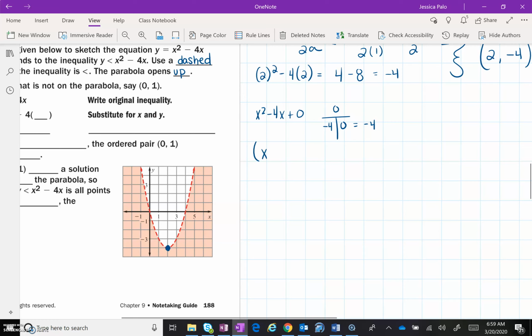So we're going to do x minus 4, x plus 0. So what are my roots? X minus 4 equals 0, x plus 0 equals 0. So we have x equals 4 and x equals 0. We are correct.